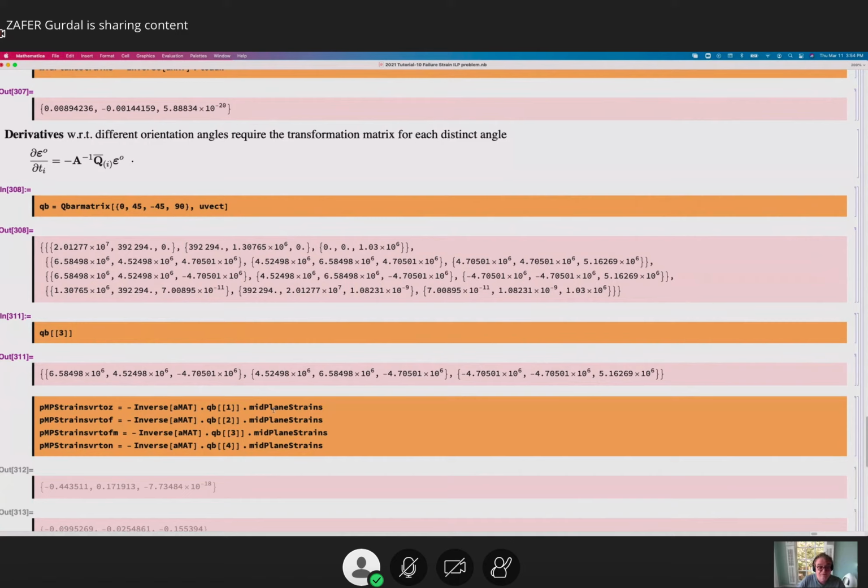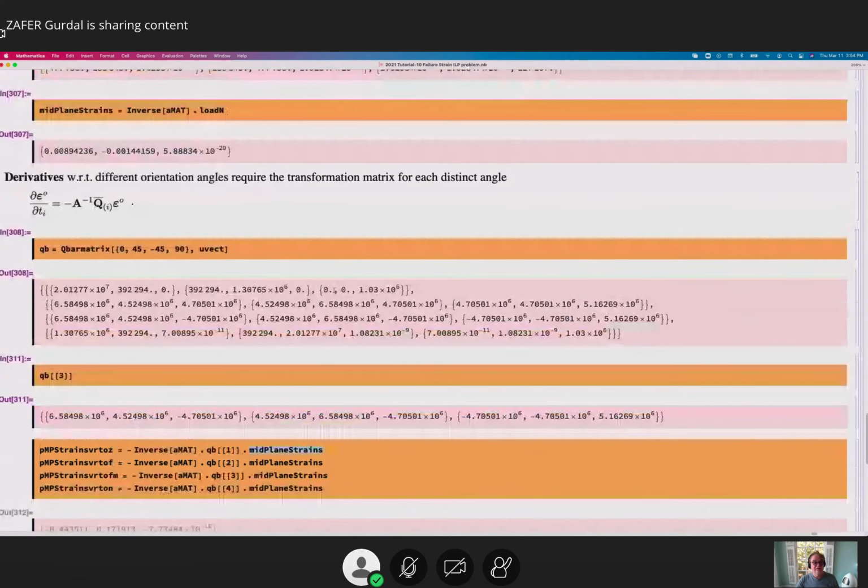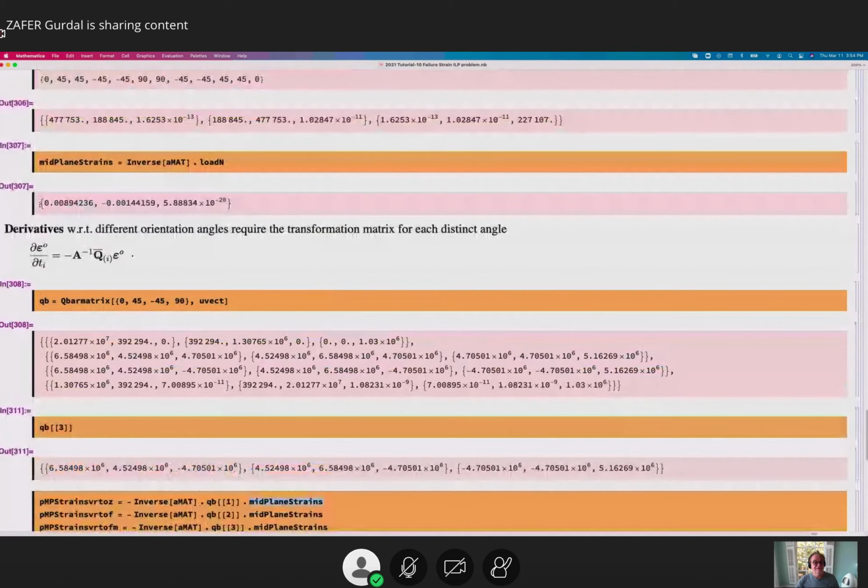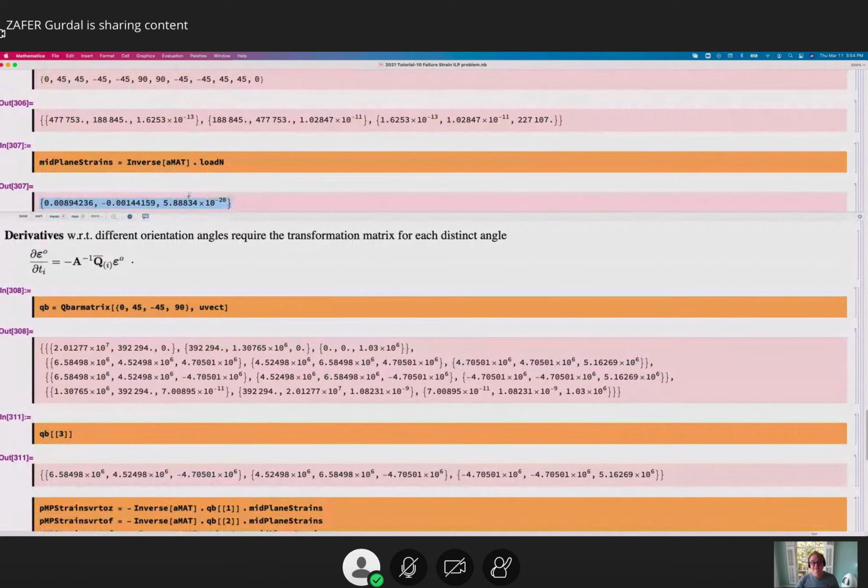First one with respect to thickness of the 0-degree ply. Second one is with respect to thickness of 45. Third one with respect to thickness of minus 45. And fourth line is with respect to the 90-degree ply. Midplane strains are already computed as the baseline. So these exist above here, and each calculation is the same vector.